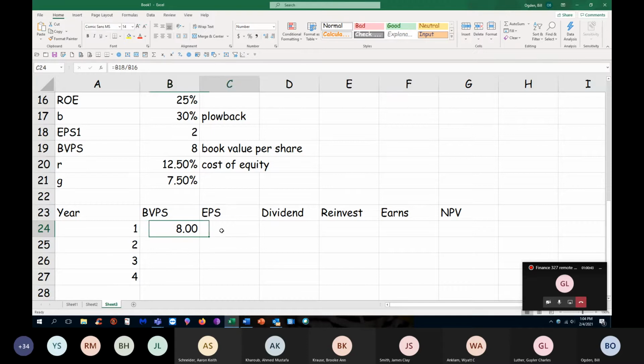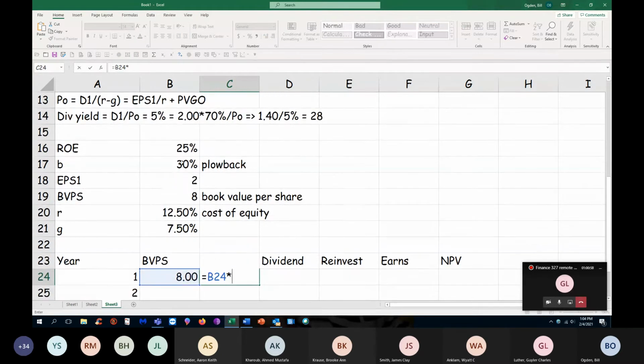Okay, our earnings per share, you can do it several ways, but the way I think will save you in the long run is to actually calculate it. So it equals the book value per share times the ROE. And since ROE will be the same throughout the table, we will lock it.